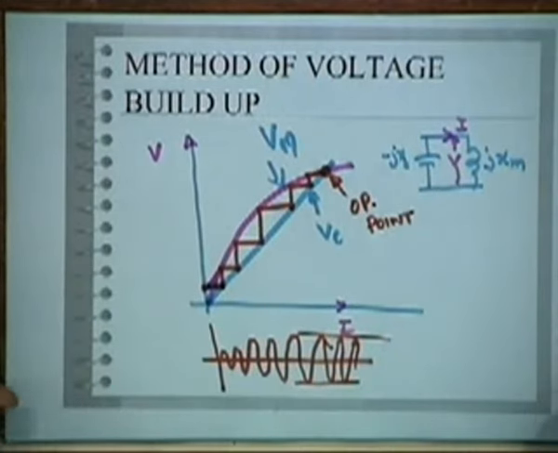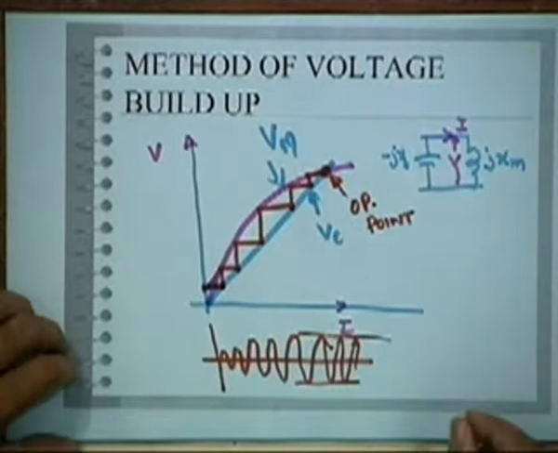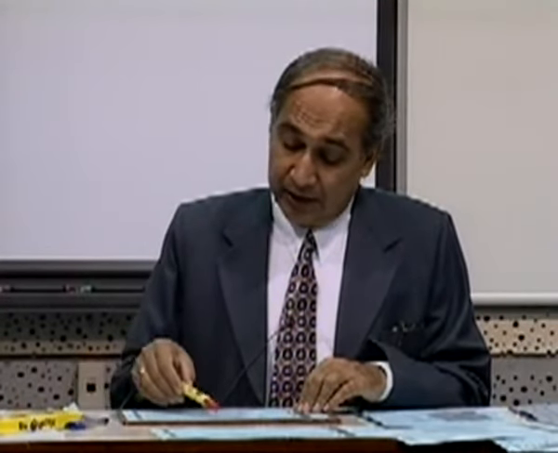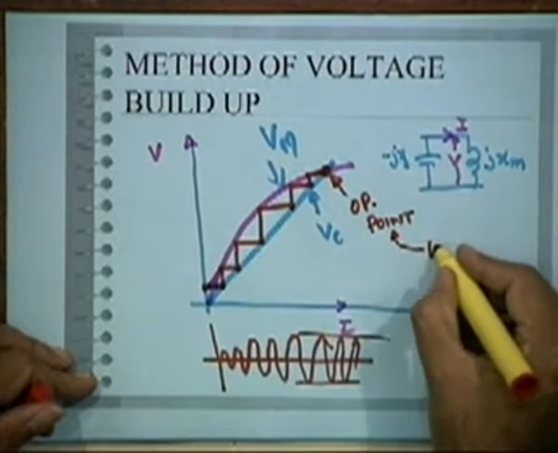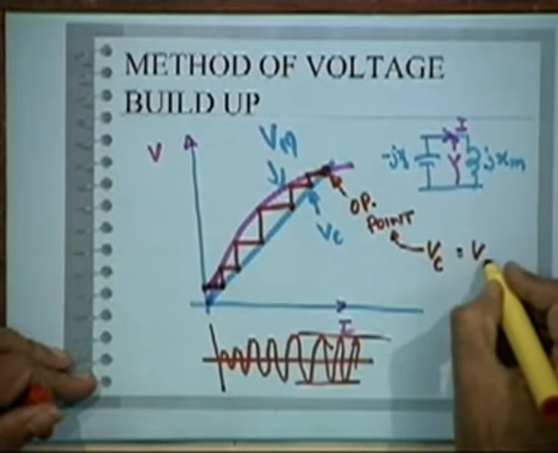And this is a very qualitative explanation of how a voltage builds up in a self-excited induction machine, which is standalone, okay. Now you notice that at this point voltage across the capacitor should be equal to voltage across the machine.